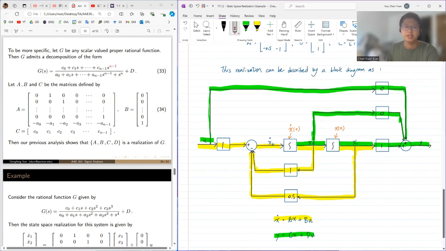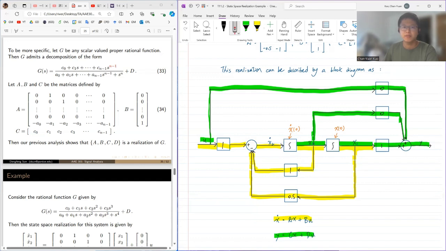The part highlighted by the yellow marker is associated with the state dynamics x dot equals A x plus B u, and the part highlighted by the green marker is associated with the output equation y equals C x plus D u. From this block diagram, we can see how the state variables and the input are related, as well as how the output is related to the state variables and input.